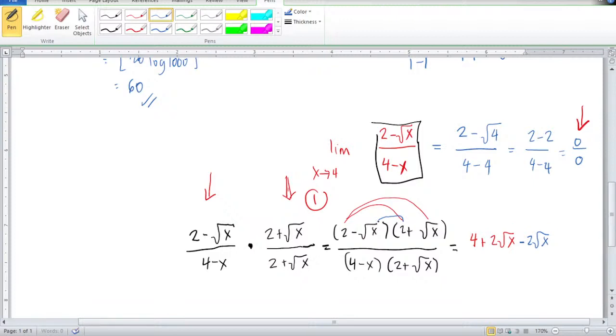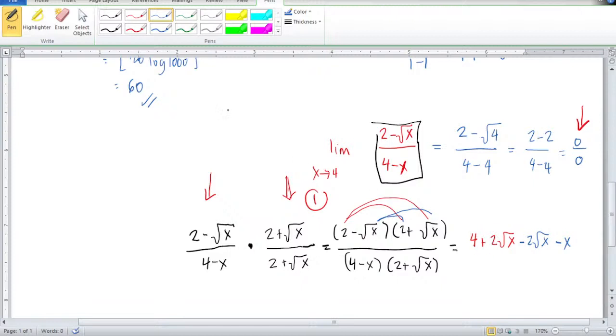And negative square root of x times square root of x, what do you think is the result? That would be negative x, class. Why? Because the radical sign will be cancelled out, but since one is negative and one is positive, we have negative there.